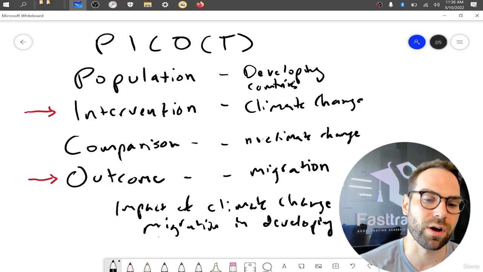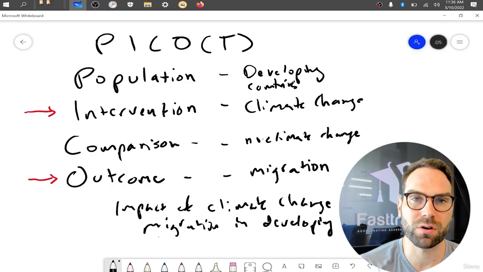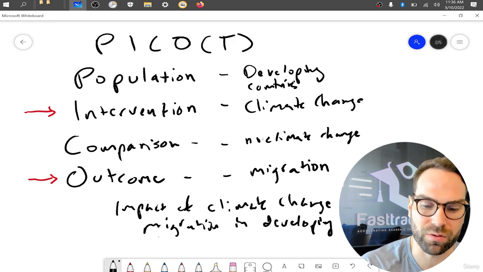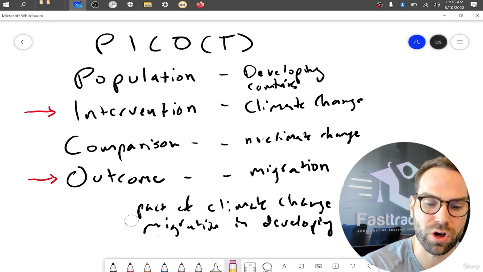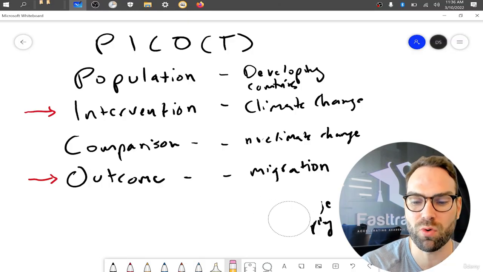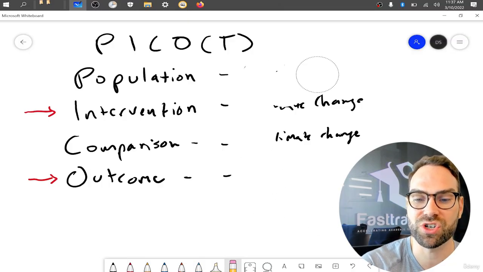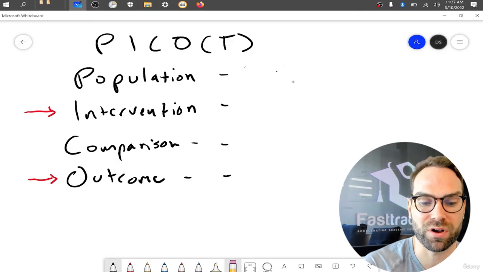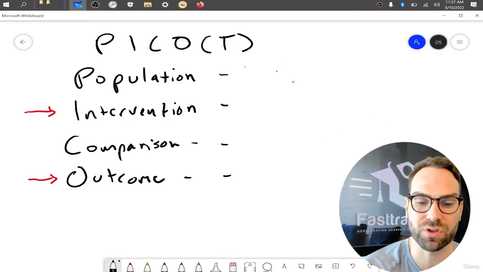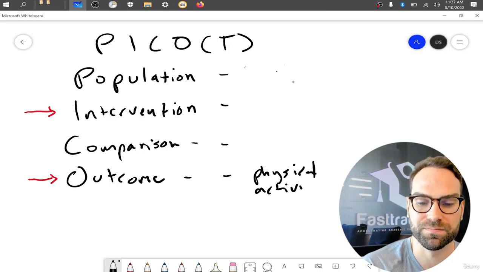One thing I do want to point out, sometimes you may have a topic where you're actually looking for an element of the PICO that you don't know in advance what it's going to be. Maybe you want to say, okay, I'm actually looking for what interventions are available and what their effectiveness is in helping achieve an outcome. So let's say you have an outcome like improving physical activity in kids. So you have physical activity in children.